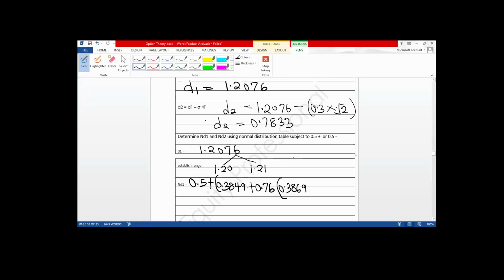That is normal distribution table, 1.2 under 1. Then say minus the figure you get initially, 0.3849. Please work this out. That will give you your N(D1).